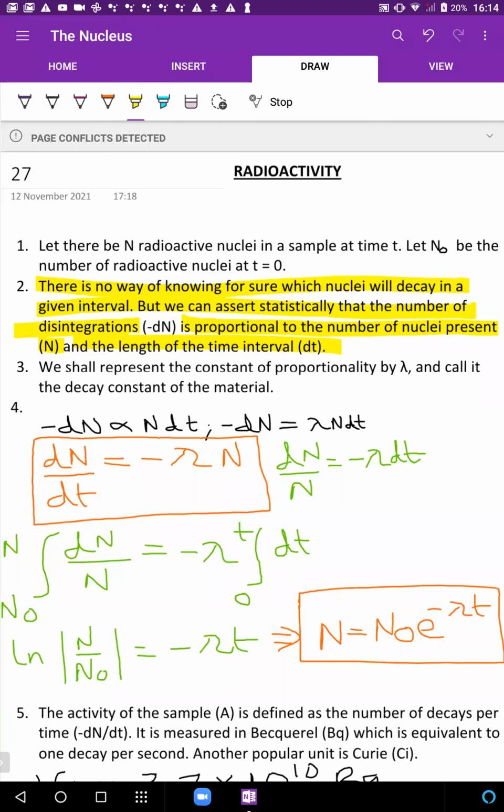If instead of 1 billion Indians I have 5 billion Indians, we'll expect 500 people to die per minute, right? So changing the total number of Indians also changes the number of people who will die, and changing the length of a time interval also changes the number of people who will die.